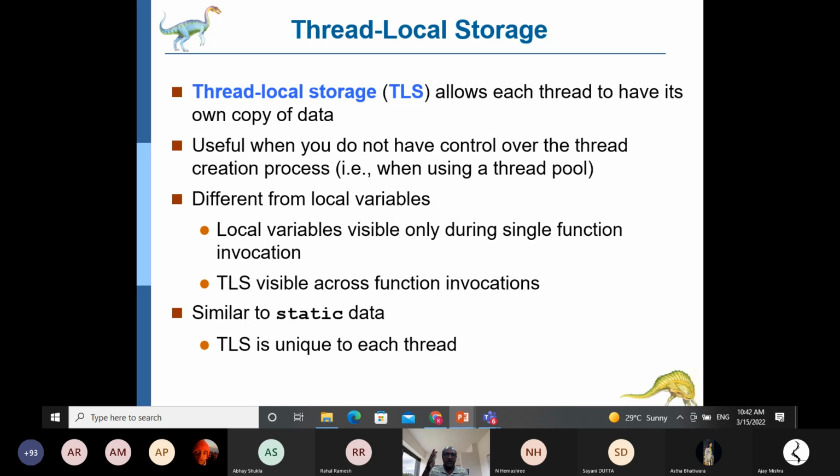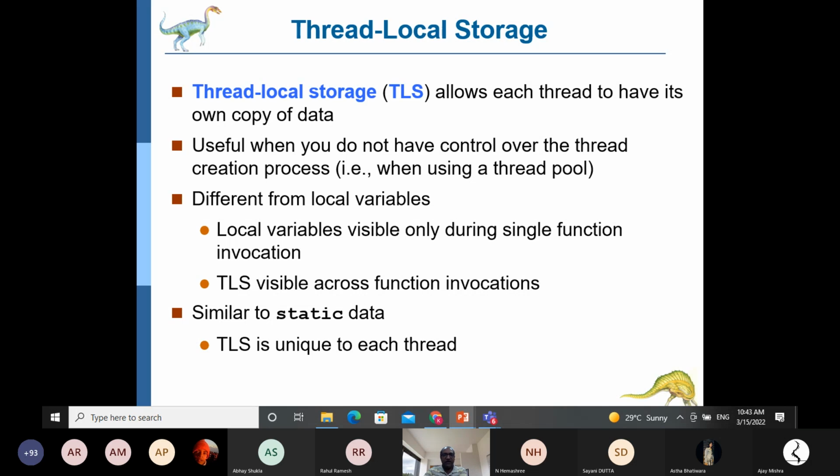Therefore, depending on the application, each thread requires maintaining some data that will be local to a particular thread. It means that a particular thread may have several functions, and the data maintained locally will be visible to all the functions.